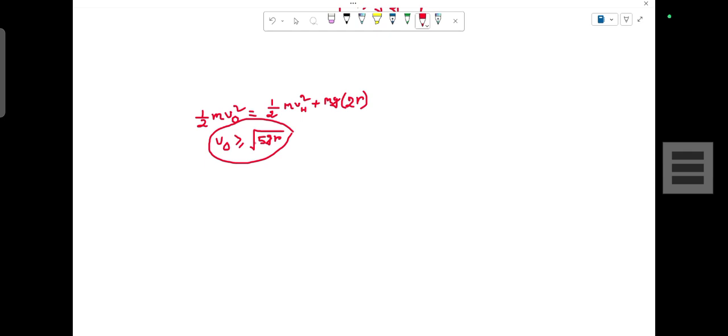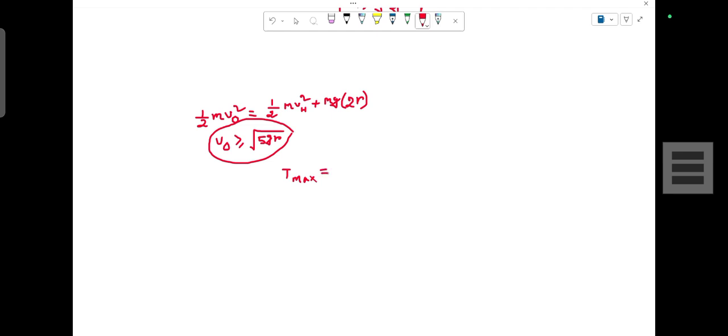That means TL is greater than or equal to 6 mg. You can say from here T max is equal to TL.